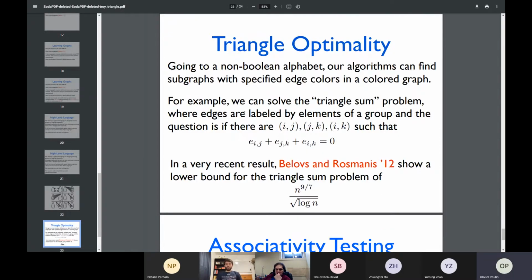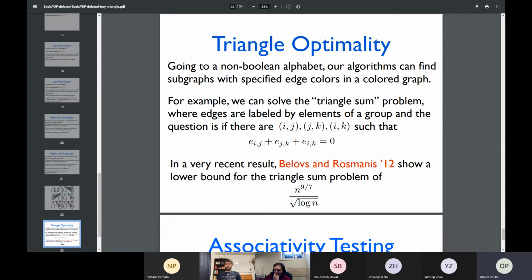So for triangle optimality, after that high-level language is set up, it becomes trivial to solve this problem. Going from the Boolean alphabet to a non-Boolean alphabet, their algorithm can find subgraphs of specified edge colors in a colored graph, and this colored graph is what makes the triangle finding so easy to solve.